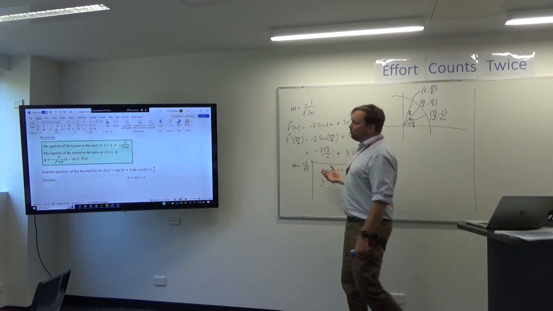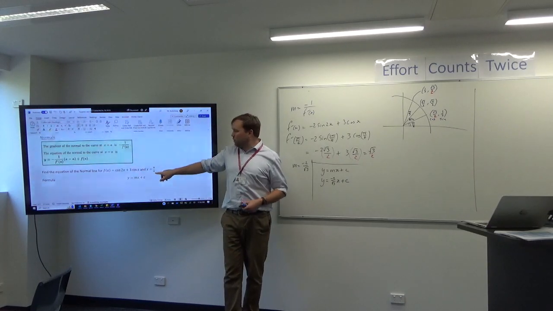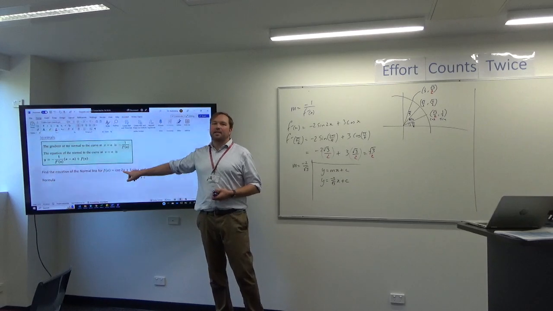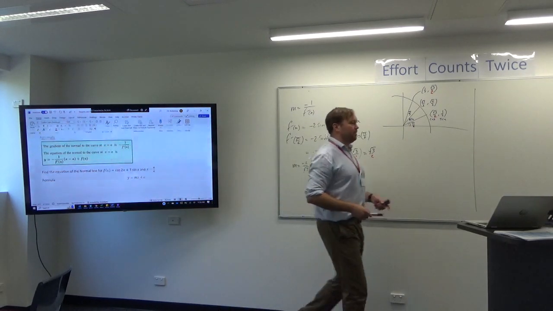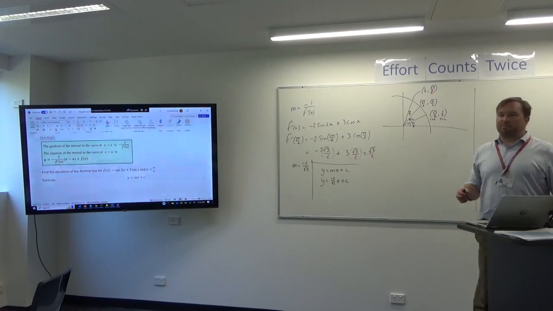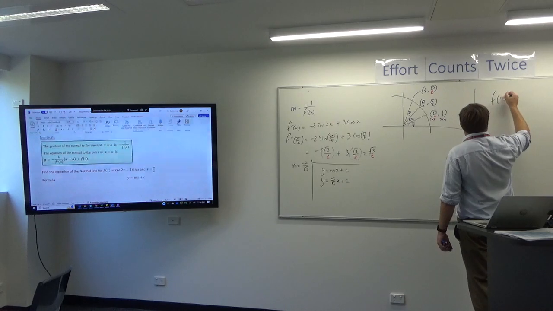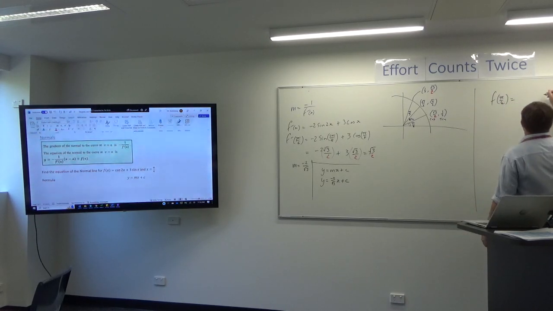We haven't been given a full point, but we're given part of one. We've been given the x coordinate, we need to find the y coordinate. So we need to sub pi on 6 into here and into here. What is sine of pi on 6? A half, yeah. So we're looking for f of pi on 6, which is going to end with 3 halves.